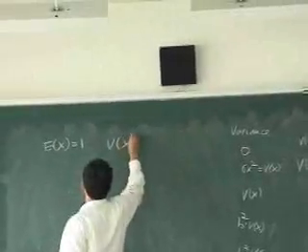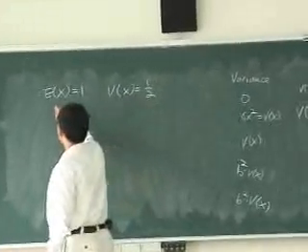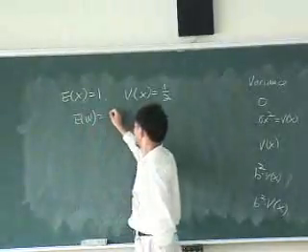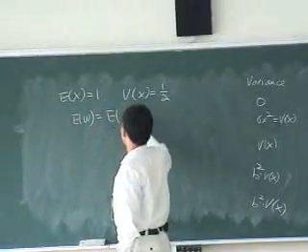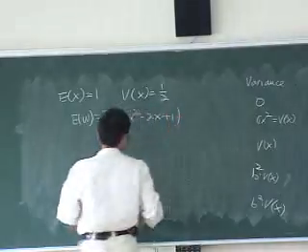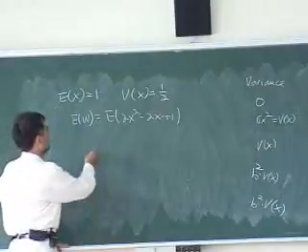And we know Vx is equal to 1/2. And so expectation of W should be equal to expectation of 2X squared minus 2X plus 1. Okay? So let us try to see if we can find out the answer.